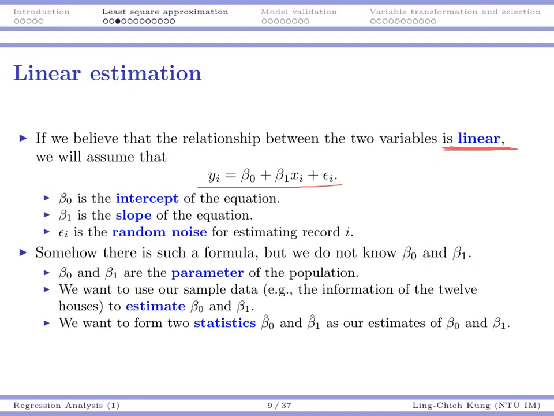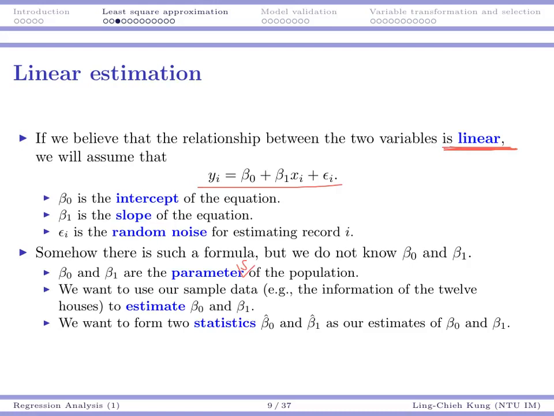That means they are parameters of the population. What we want to do is to collect sample data, for example, the information for the 12 houses, and use the sample data to estimate beta 0 and beta 1. So actually this is a statistical estimation problem.